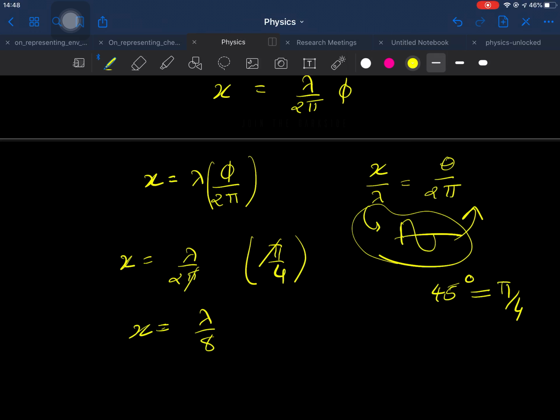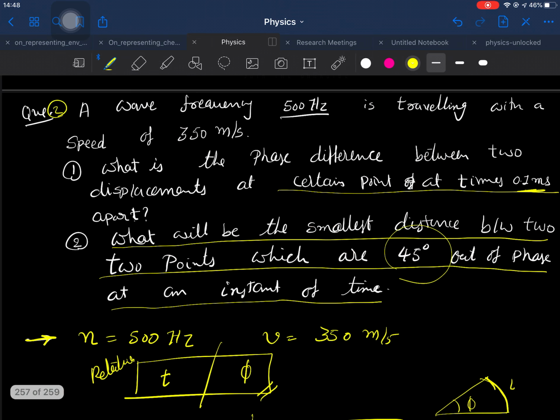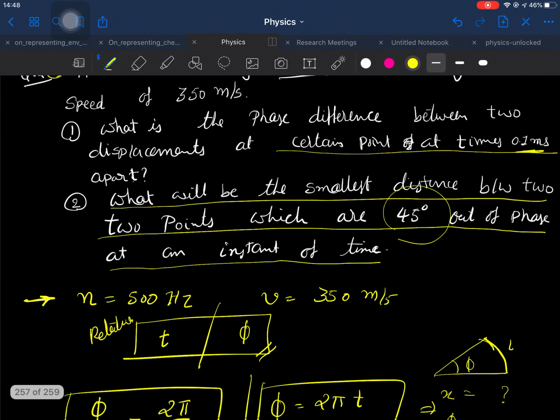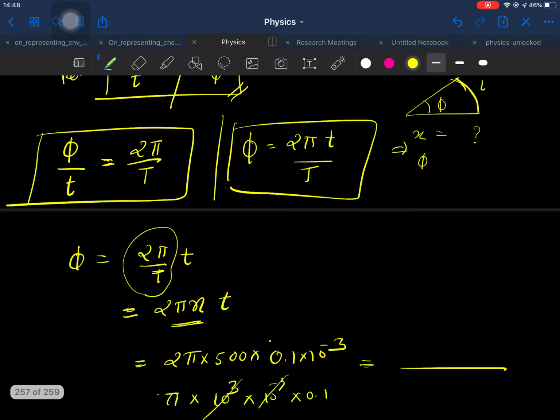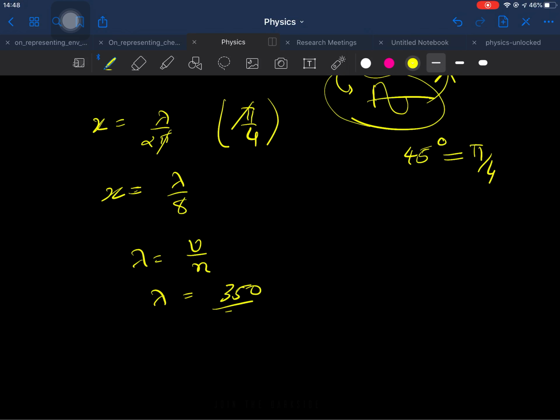So that's the actual distance. Now what is lambda? Can we calculate lambda from here? Lambda is equal to v by n, so lambda is equal to 350 by 500. Just substitute it here.